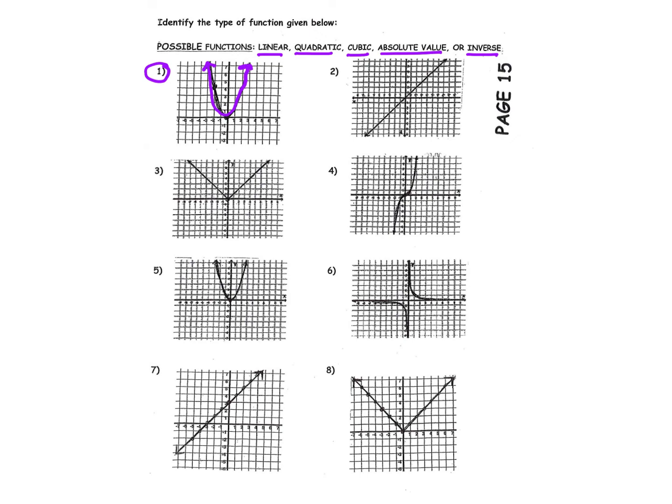For example, let's take a look at number 1. Clearly, it is that cup-shaped parabola. So if you need to look back, you can. Hopefully you remember that this is a quadratic. Let's take a look at number 4. That is that S-shaped graph. Which one was that? Well, that, if you remember, is a cubic function.